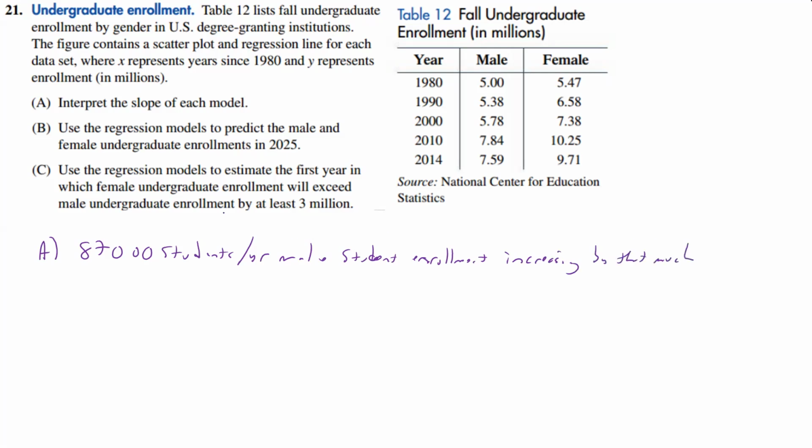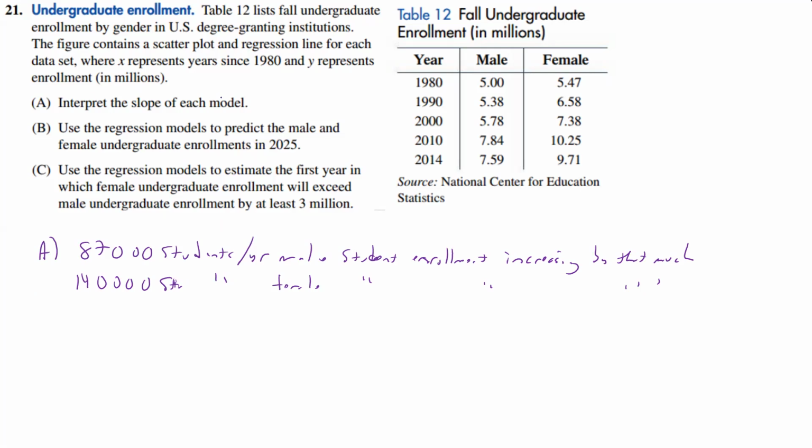Now, the female was the 0.14, so that's going to be instead 140,000 female students, but we'll just say students again, and then we'll say female here. And that's how much it's increasing per year. Okay.